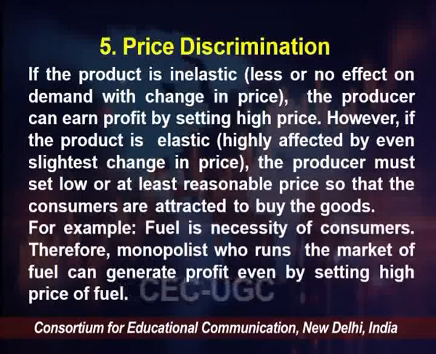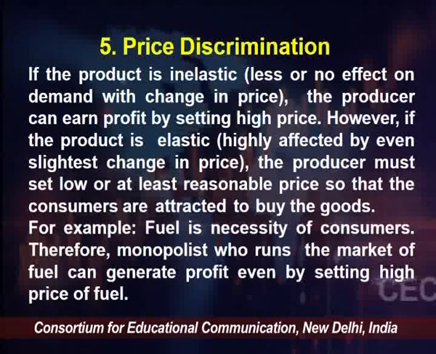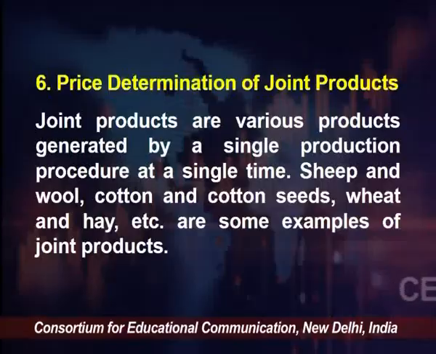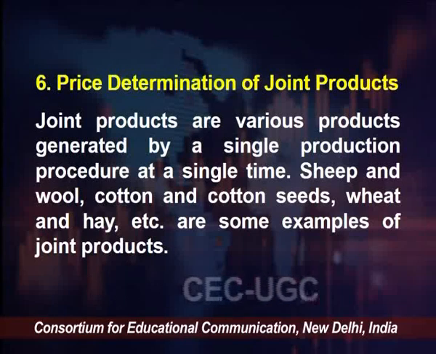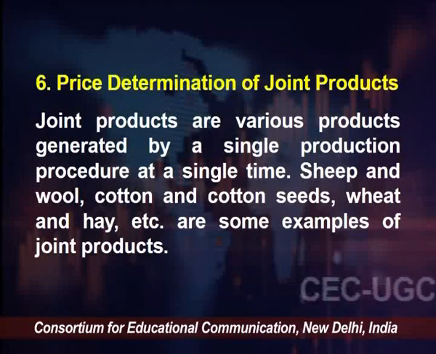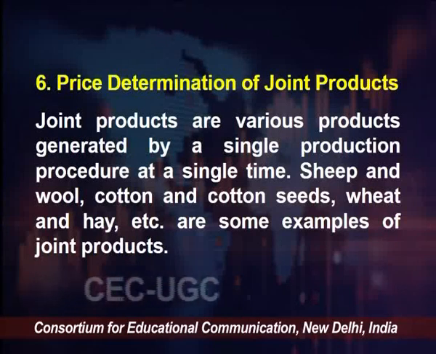Now, for example, if fuel is a necessity for consumers, then a monopolist who runs the market of fuel can generate profit even by setting high prices of the fuels. Joint products are various products generated by a single production procedure at a single time, like sheep and wool, cotton and cotton seeds, wheat and hay, etc. These are some examples of joint products.